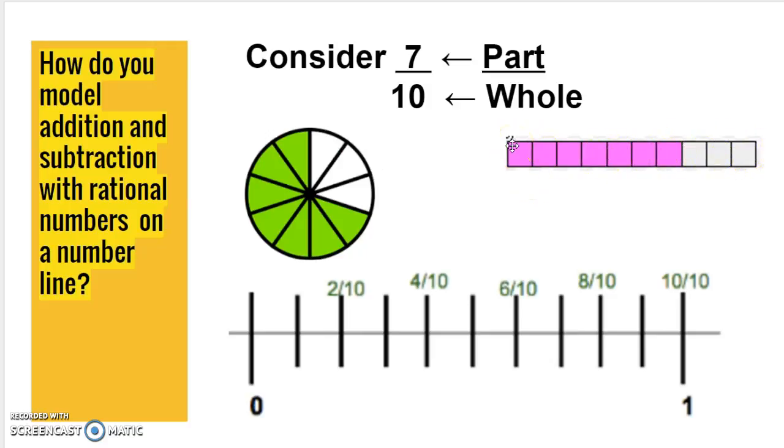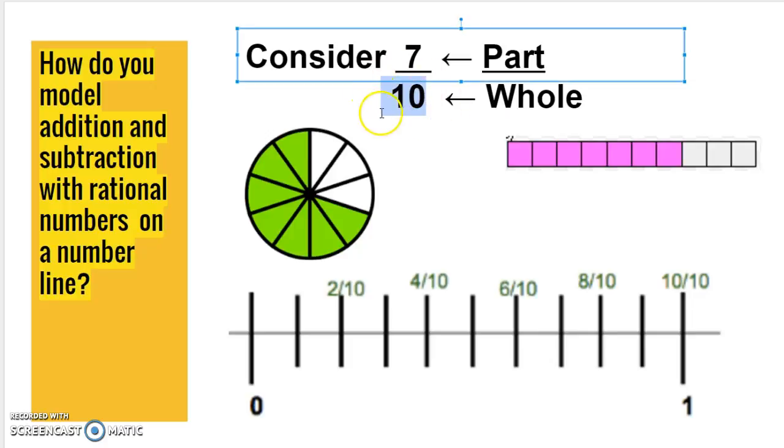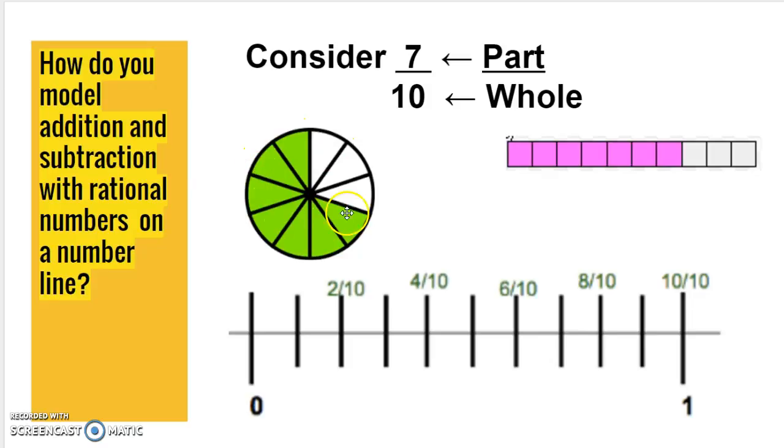And then it's broken up into pieces. And whatever is in the bottom of the fraction is the number of pieces. So here is a circle. This is broken up into 10 pieces. As a rectangle, this is broken up into 10 pieces. And the part, the amount of pieces, is the numerator, the top number. So 7/10, here you can see I have 7/10. 7 of the 10 pieces are shaded in, and the same here. 7 of the 10 pieces are shaded in.